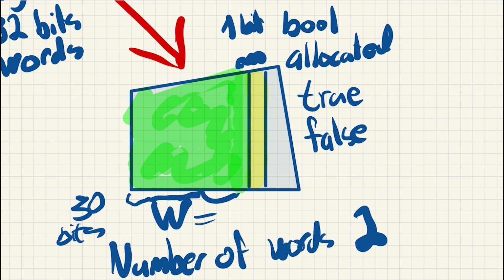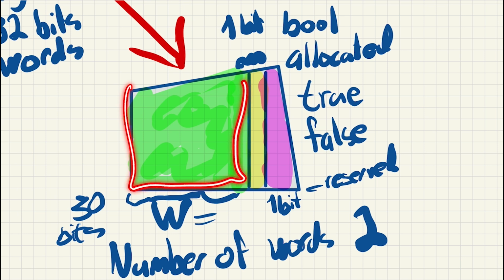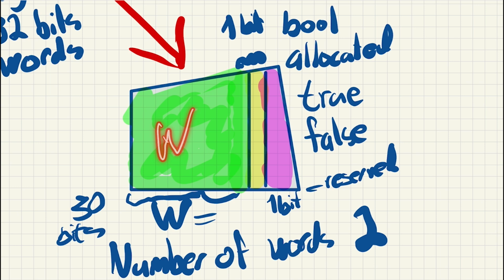Then we have one more thing. This second bit is also 1 bit, and that is reserved. This is not used at the moment, at least. But we have 1 bit in the header that we can play with, so to speak. This green part right here is the W, the number of words that follow this header.